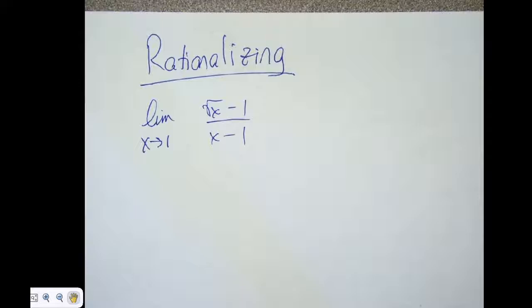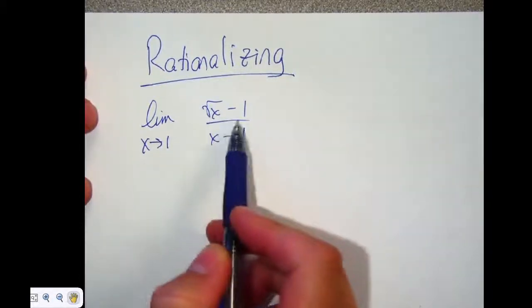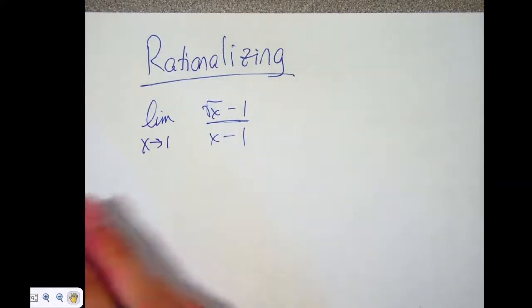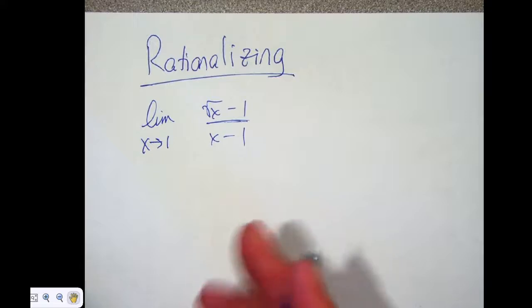Rationalizing is basically getting rid of square roots. The square roots are often the problem that you run into. Like, okay, if the square root were gone, this would be a lot easier. So let's try to get rid of it. We're going to find the part with the square root, and we're going to multiply by the conjugate. You guys remember what a conjugate is? What's the conjugate of a plus b?